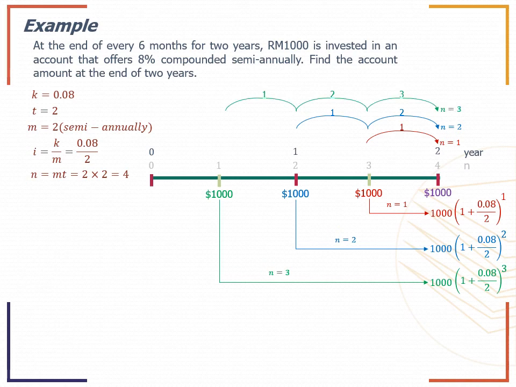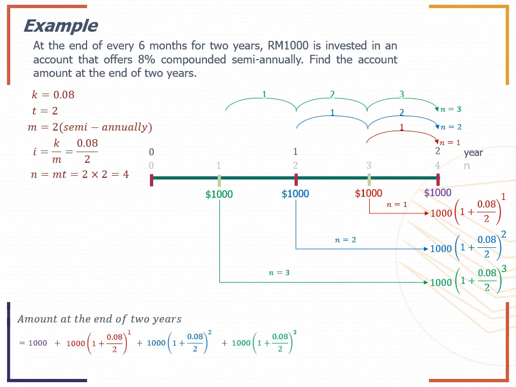Therefore, the amount at the end of 2 years is the summation of all these. Hence, the account amount at the end of 2 years is 4,246 ringgit 46 cents.